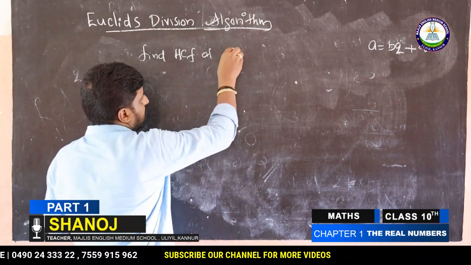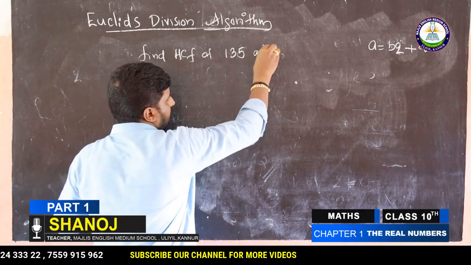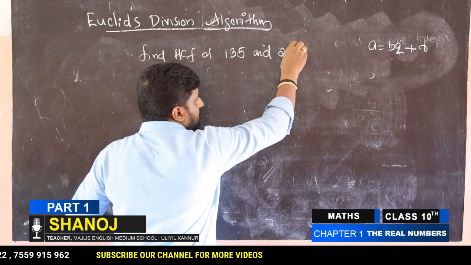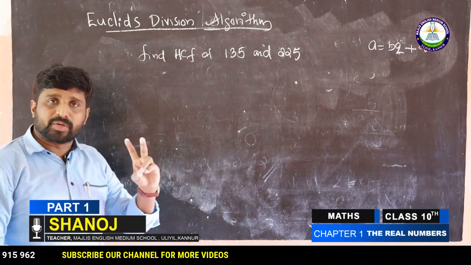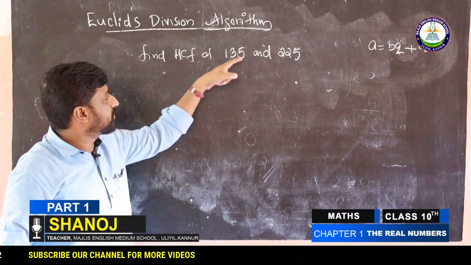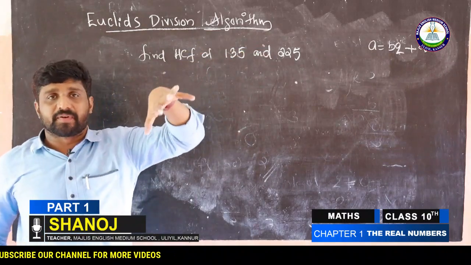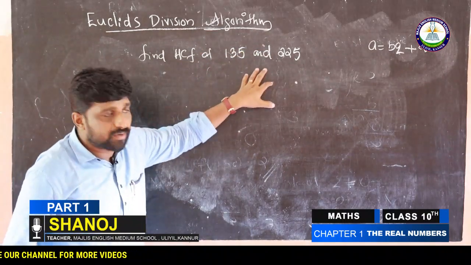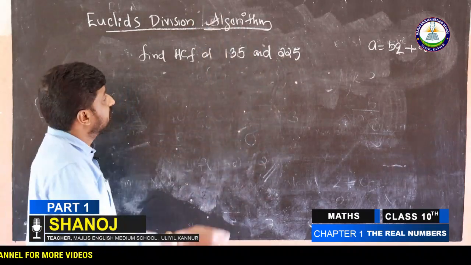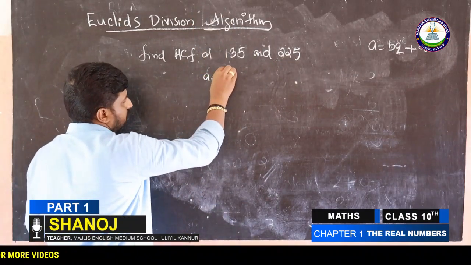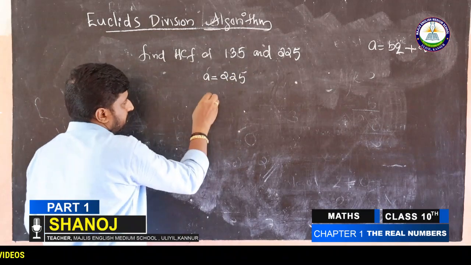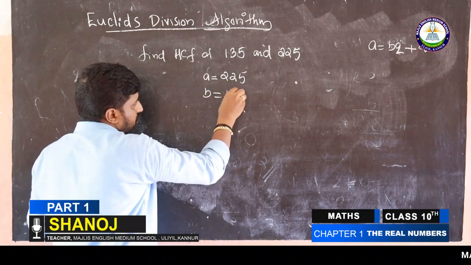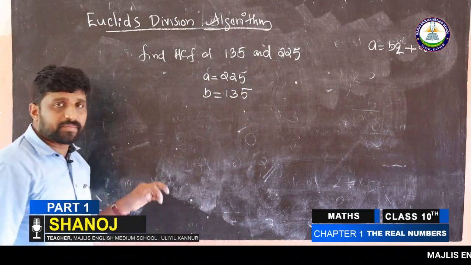HCF of 135 and 225. Here again two numbers. We need to find the HCF of 135 and 225. Here you know which one is the greater one? 225, everyone knows. Then a equal to 225 and b equal to 135.